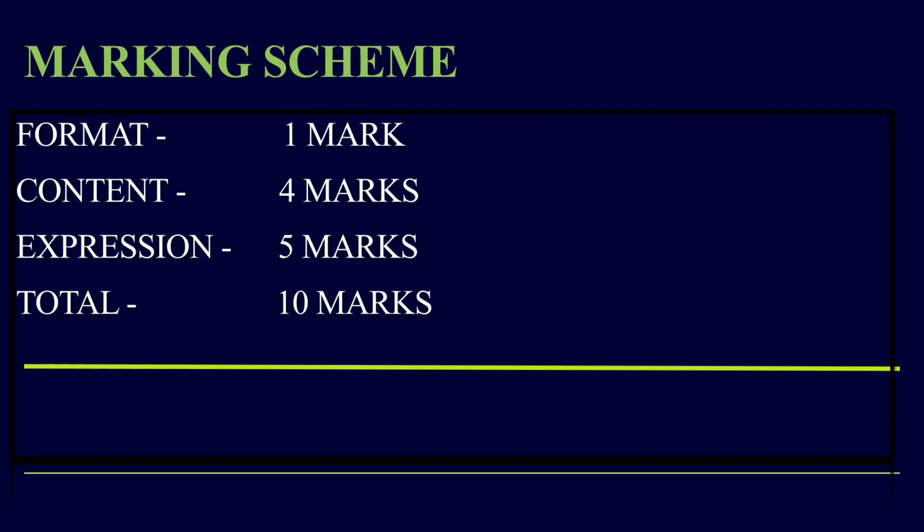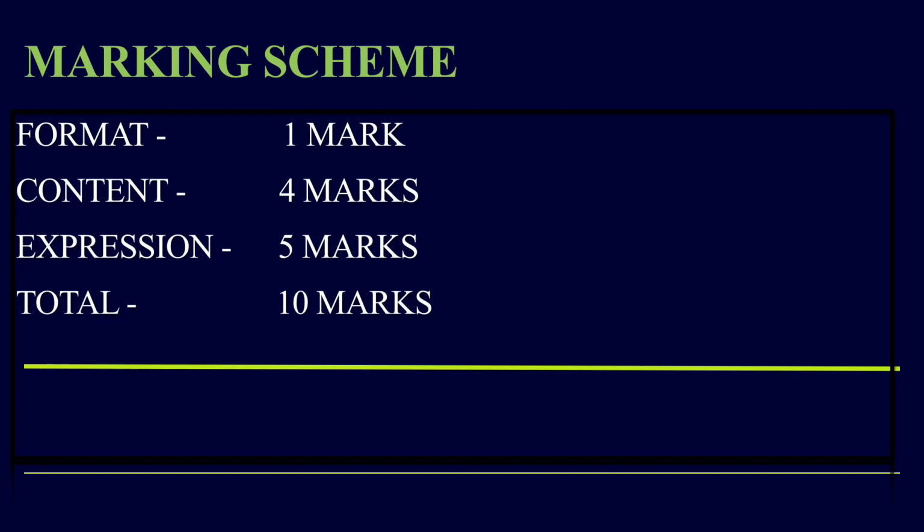First of all, let us look at the marking scheme. It is a 10-marker question where 1 mark is for format, 4 marks for content, and 5 marks for expression. Now the title and your name would fetch you 1 mark.